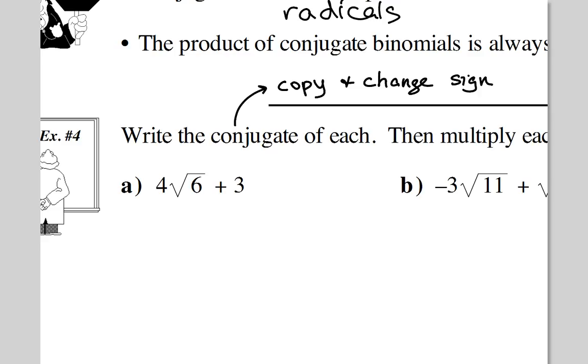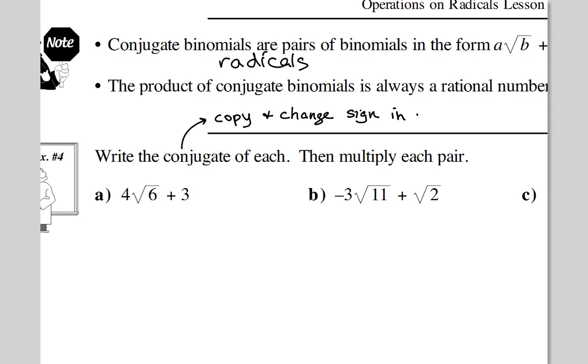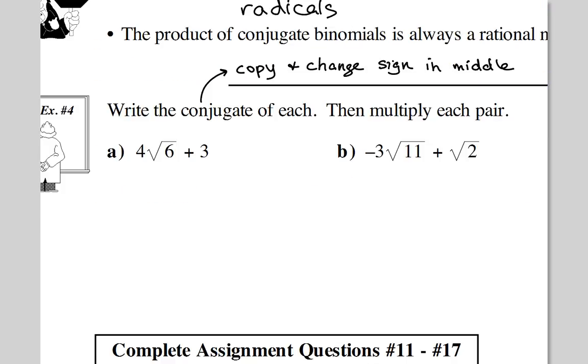That's all you gotta do. Just copy it and change the sign in the middle. So you got 4 root 6 plus 3. The conjugate, I'll put it in red. What will it look like? Copy it, but instead of plus, put minus. Good. Now we can brute force this, or we can be clever.